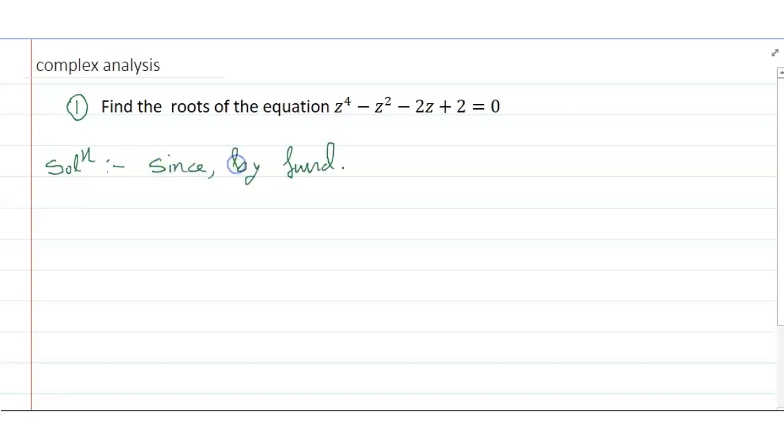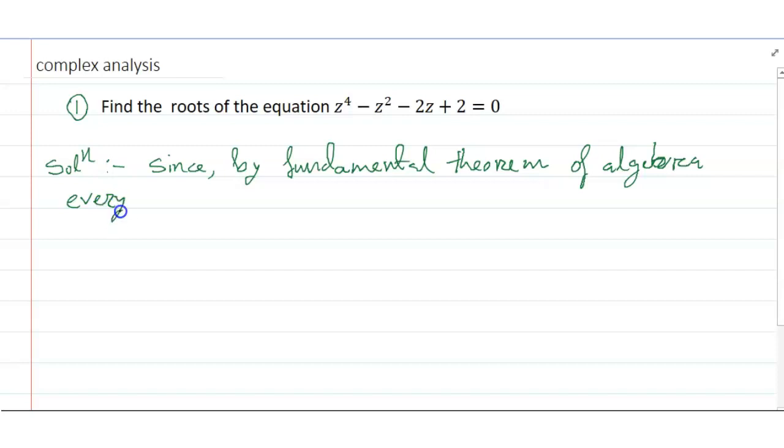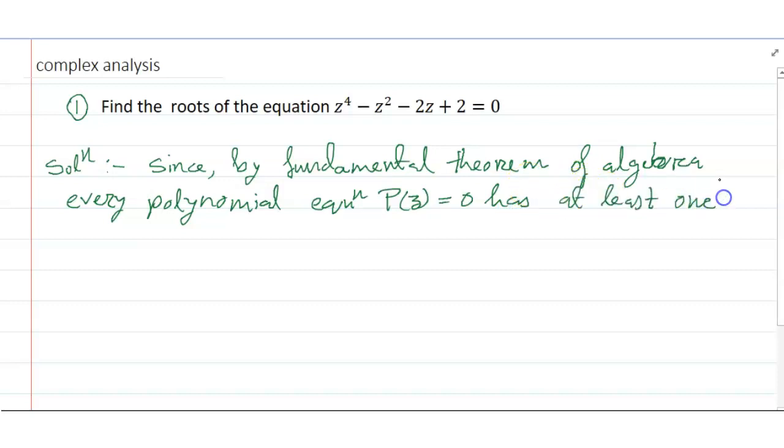Since by the fundamental theorem of algebra, every polynomial equation p(z) = 0 has at least one root.